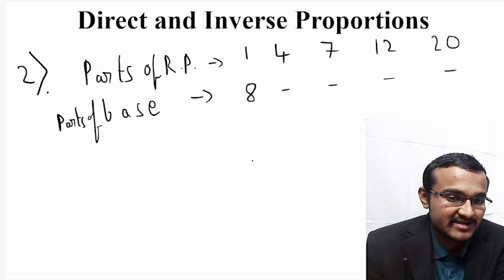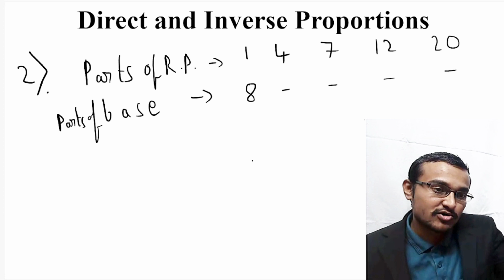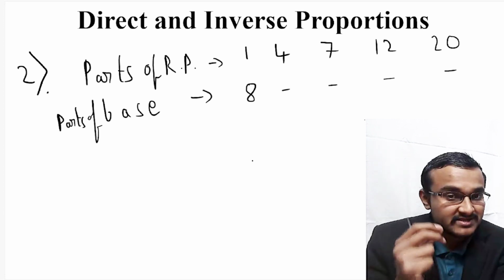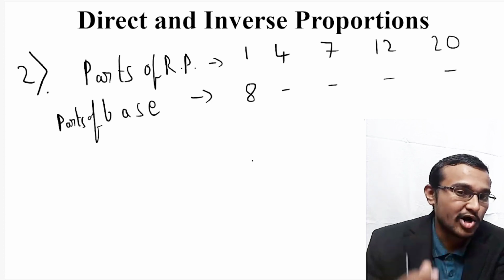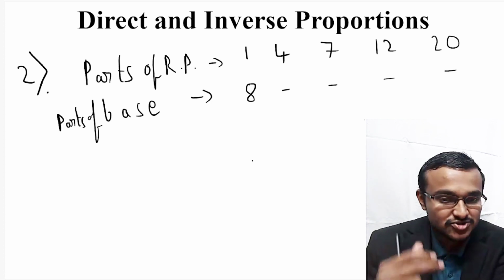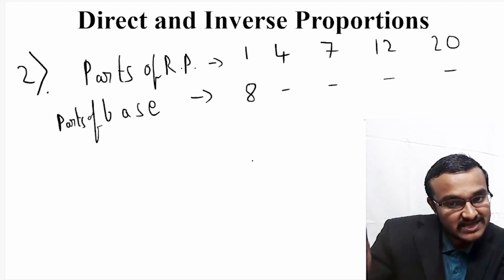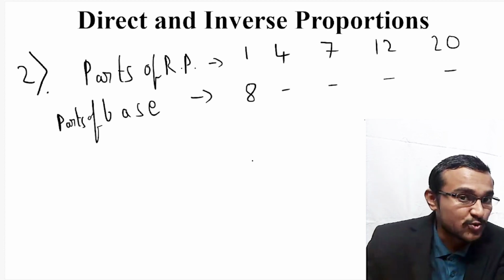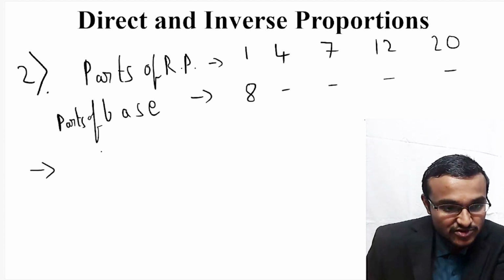In this particular case, as the parts of base increase, the amount of red pigment will go on increasing. These two physical quantities are constantly dependent on each other, so they are directly dependent on each other. That's why 1 by 8, 4 by y2 value, 7 by y3 value will be equal to each other. So let's go on calculating the values for y.